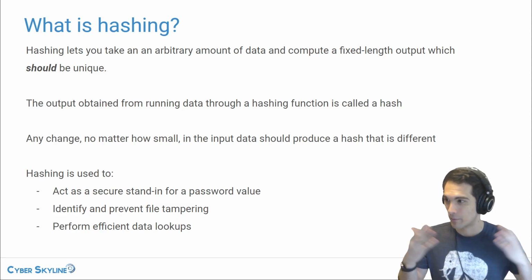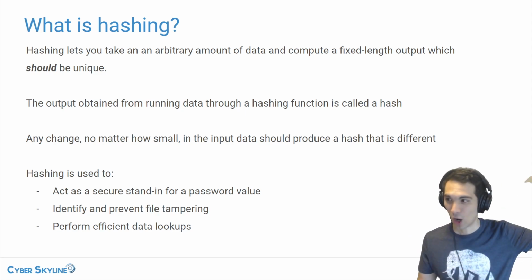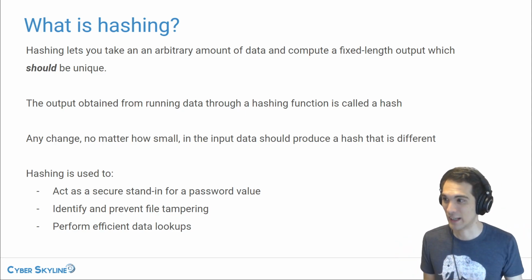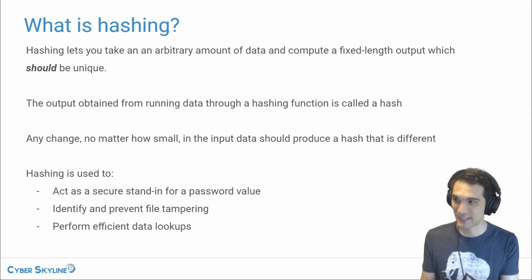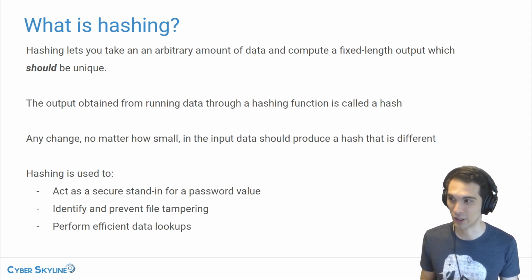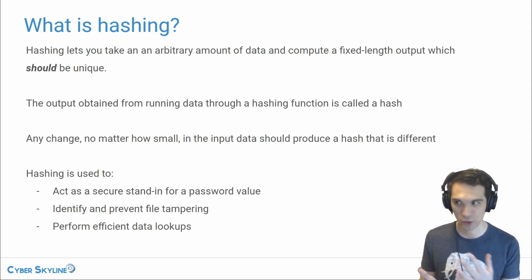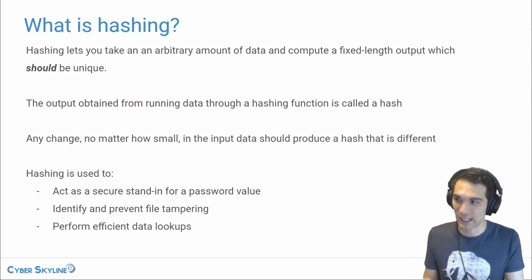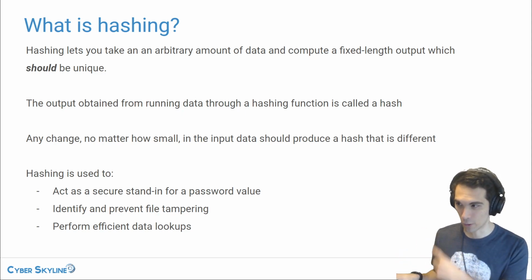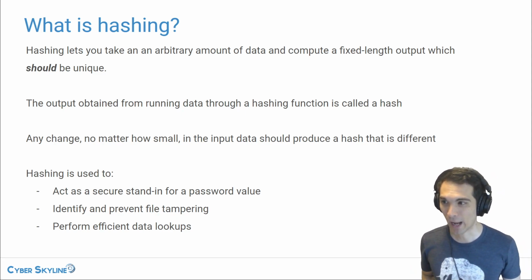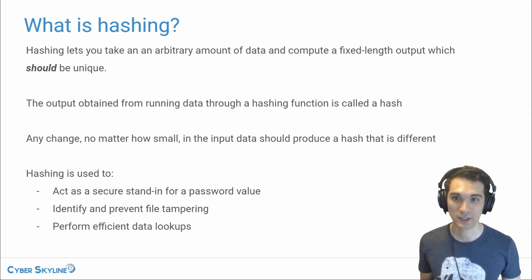Once in a while, because there is an arbitrary, infinite amount of input data and a fixed length of output, it will happen at some point: you'll get what is called a hash collision, where two completely different inputs produce the same hash. That's just to do with the key space. If you have a finite number of possible outputs and an infinite number of possible inputs, there are going to be some inputs that map to the same output. This is called a hash collision.